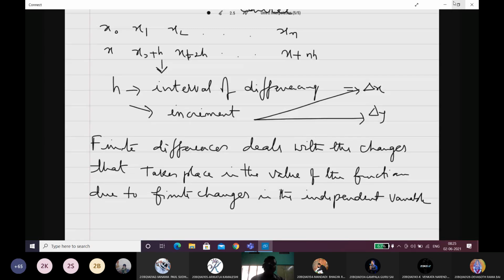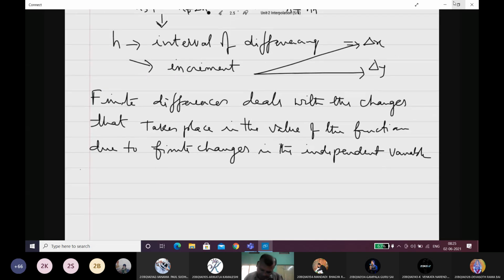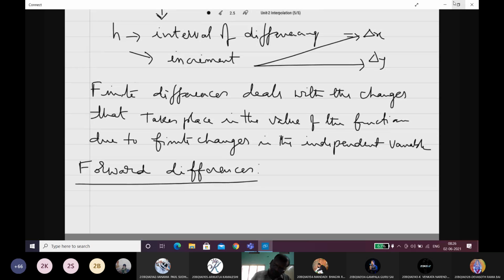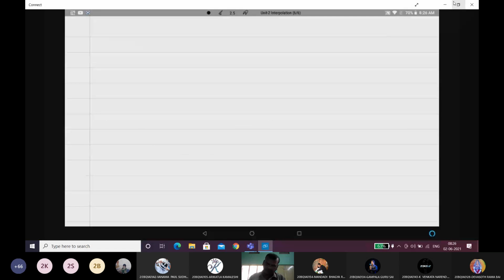Right now, first one is forward differences. Now, before going to define the forward differences, let us see the table first of all. Observe this table.